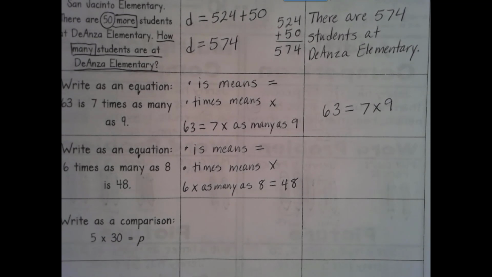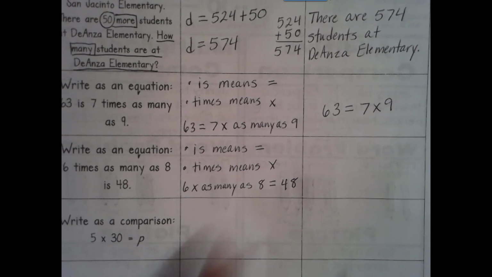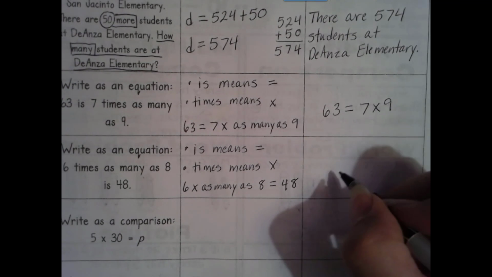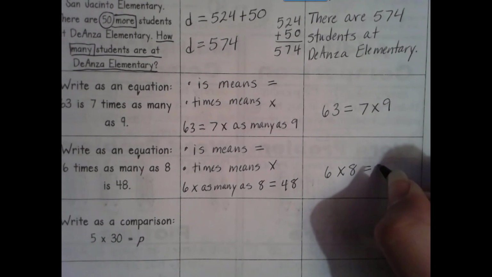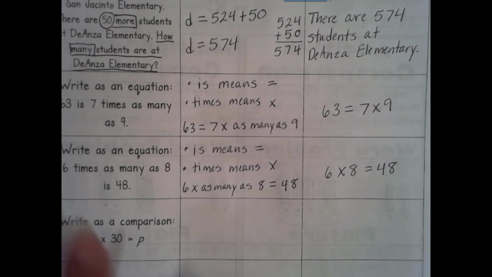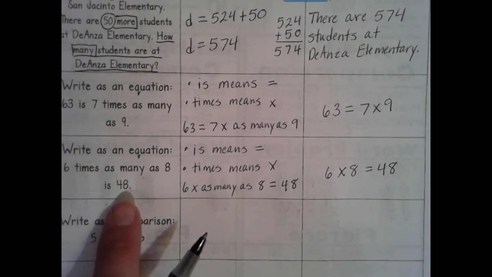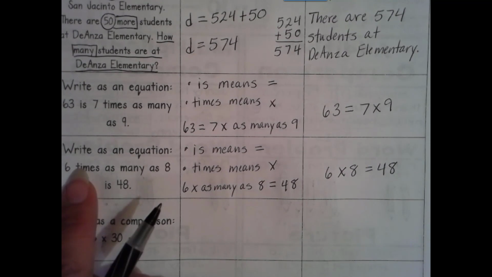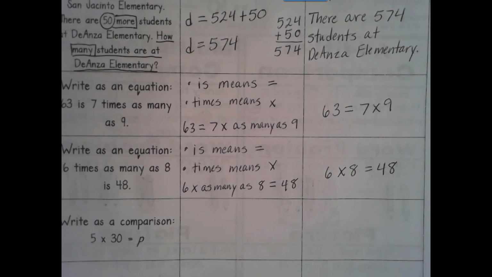So just changing out those two words with their symbols, we're almost to our equation. This times covers as many as, so we can say 6 times 8 equals 48. So this statement and equation are two ways of saying the same thing.